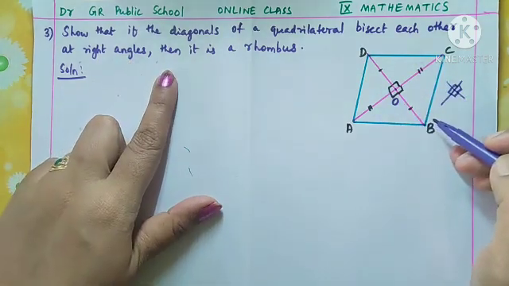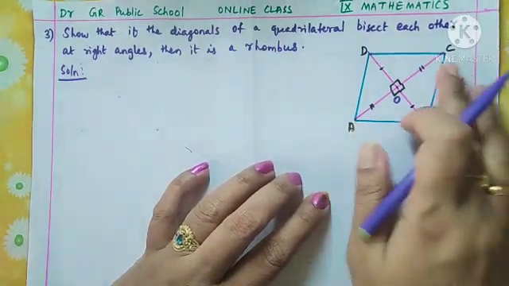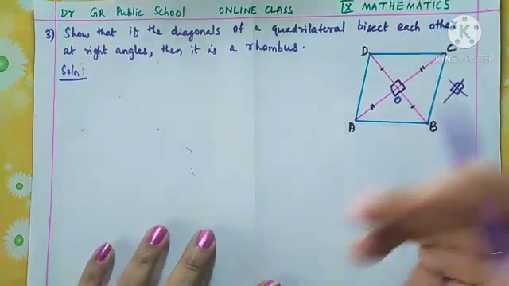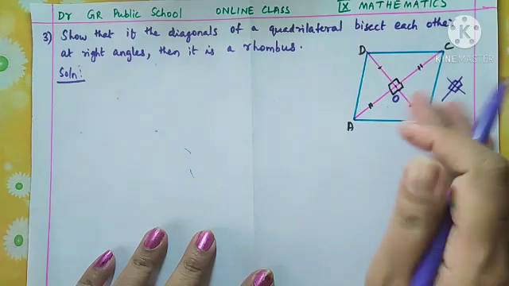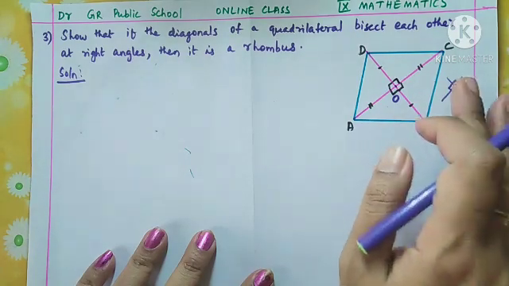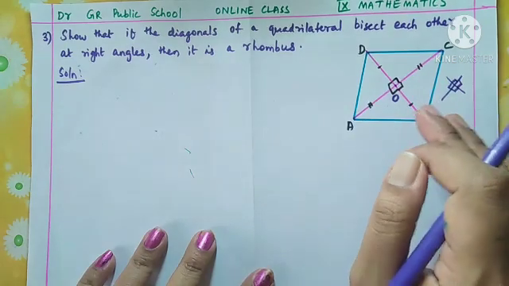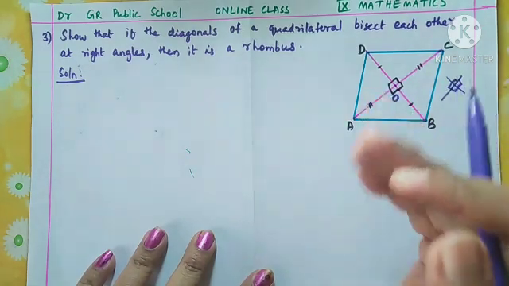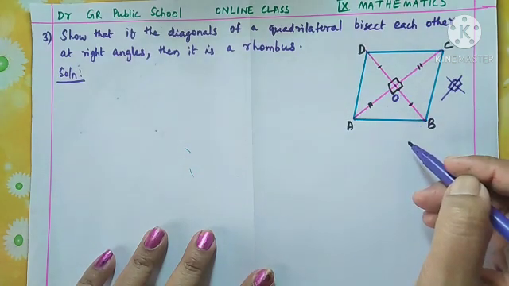We want to show this is a rhombus. So we want to prove this ABCD is a rhombus. Okay. So how can we prove? What is the condition we require to prove this is a rhombus? It is given the diagonals are bisecting, they are cutting at right angles. So that is all okay. But what is the one more thing we want to get so that we can say this is a rhombus? Yes.